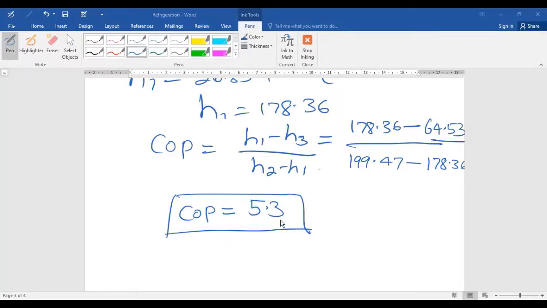Here, the next unknown is the mass flow rate. Am I audible? Okay. So what is the formula for mass flow rate? Remember this formula.